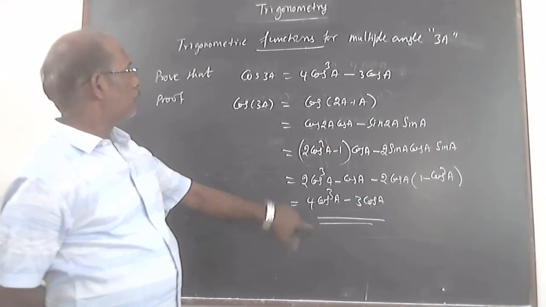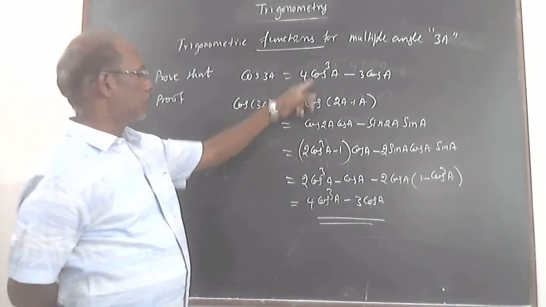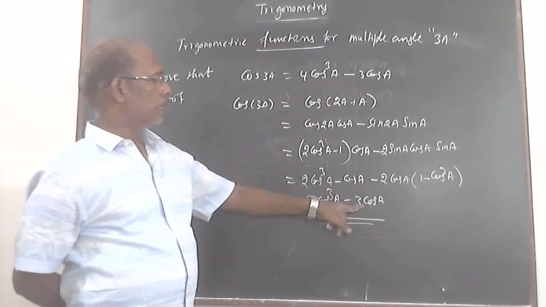Hence the proof: cos 3A equals 4 cos cube A minus 3 cos A.